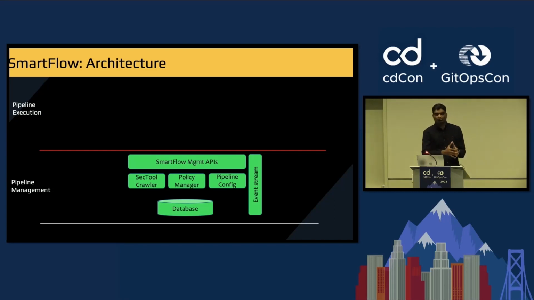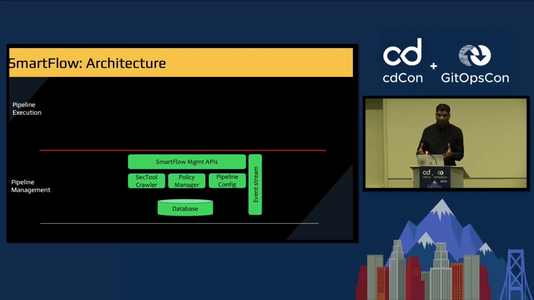When I want to do, let's say, a vulnerability scan, I have a set of tools in the marketplace like Snyk or others, which are paid versions, or some open source like Trivy that I can just use. The sec crawler tool crawls the Artifact Hub, the GitHub marketplace, and all the marketplaces where these tools are available, and finds out which tools are applicable for this kind of artifact in this context, whether container, monolithic applications, or microservices, and it creates a catalog internally.